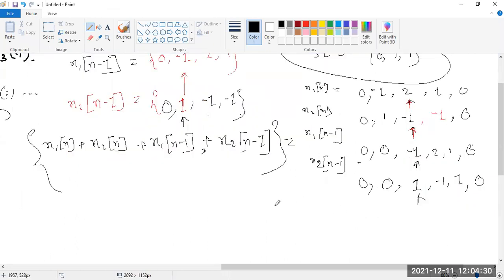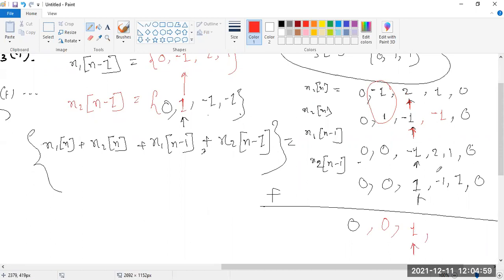Now if I add this, we can find, look, here this is 0, so I put 0. This is minus 1 plus 1, which yields 0, and this is the origin position. This is 2 minus 1, so plus 1, and then minus 1 with 0, so only plus 1 is alive.